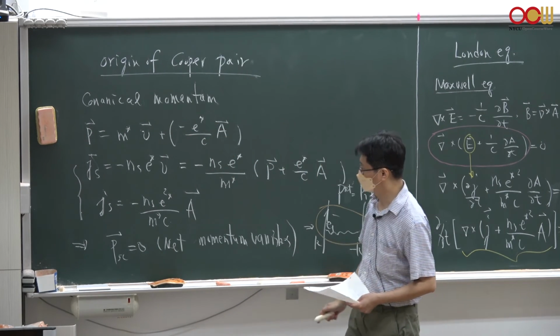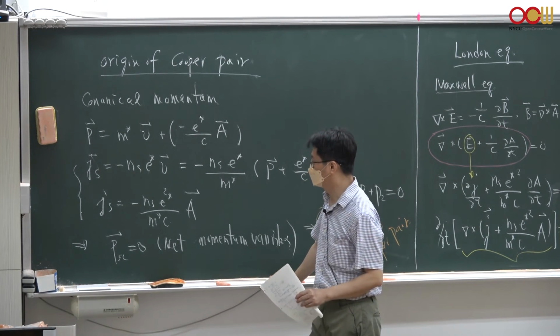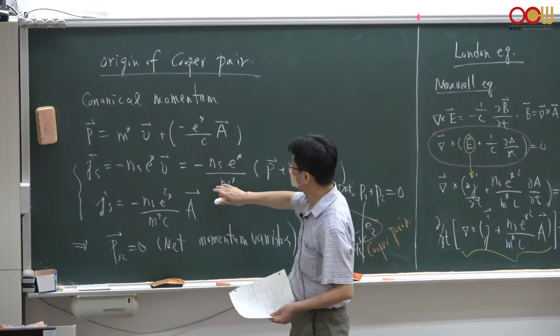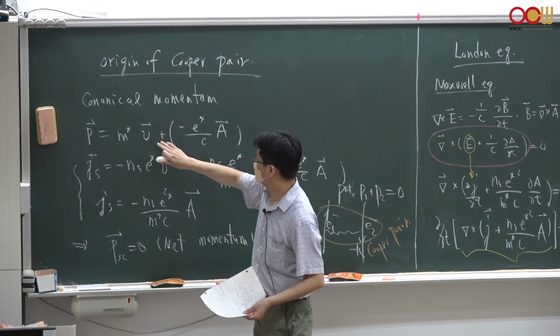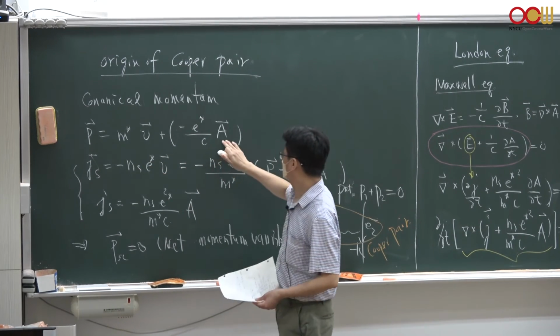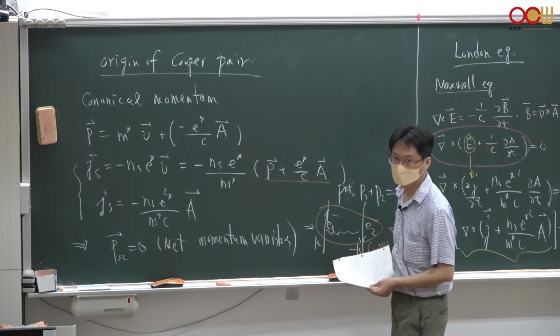So we could take the supercurrent definition, which is minus n_s times e* times velocity, and convert the velocity in terms of momentum and vector potential in such an expression.